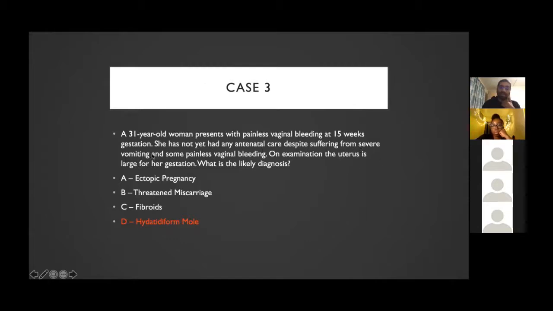So hyperemesis is another clear sign that she may have a molar pregnancy, and a very large uterus. So 3 signs of molar pregnancy that are distinct to it are hyperemesis, a large uterus, so basically a uterus that's bigger than her gestation, and some vaginal bleeding.